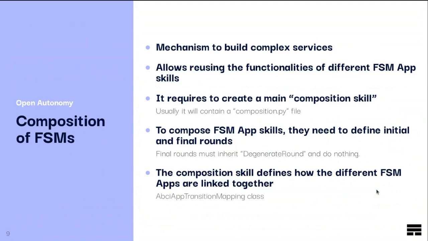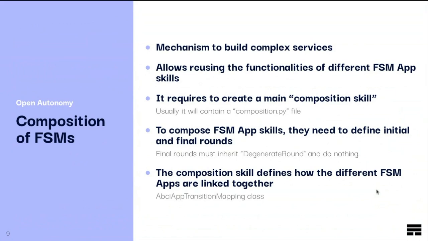To be able to compose an FSM app skill, when you define your FSM app, you need to define what is known as initial and final rounds. The initial rounds are the rounds where you can enter a particular finite state machine, and the final rounds are where you can exit this finite state machine to link with another finite state machine.